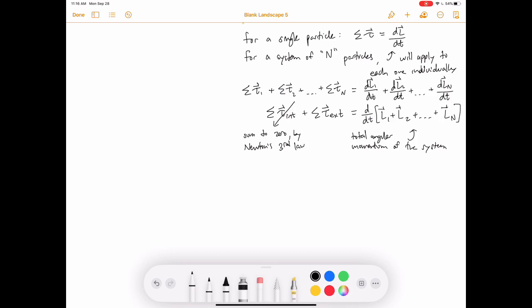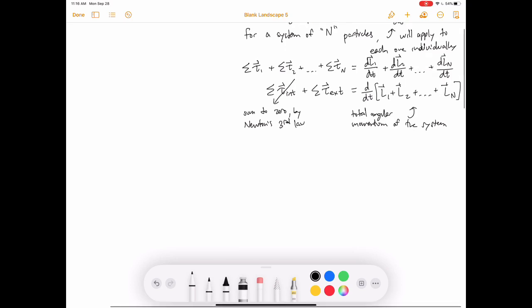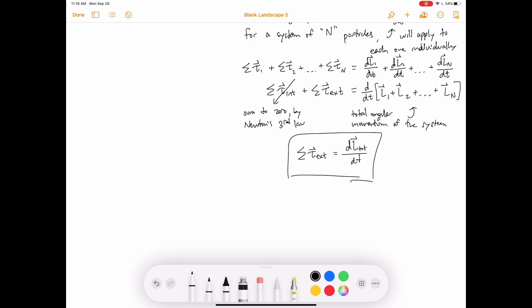For any torque that I have there, I'm going to have an equal and opposite torque, which will cancel it out in the sum. So when I add them all together, I'm going to get 0. So the end result is the net external torque on the system is equal to dL_total/dt. Again, that's the result that we wanted to derive. That's where it came from.